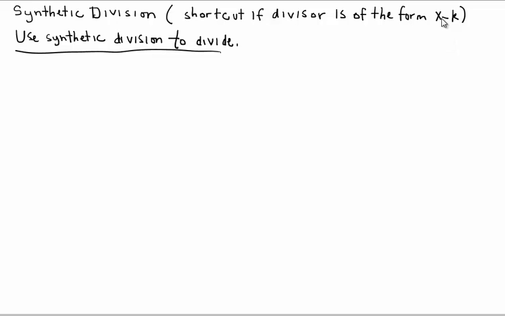What you can't use this synthetic division for is if you're dividing by, say, 2x minus k, if the coefficient here is anything other than 1. Or if you have x squared minus k. So the shortcut can only be applied if you're dividing by a linear factor with a leading coefficient of 1.